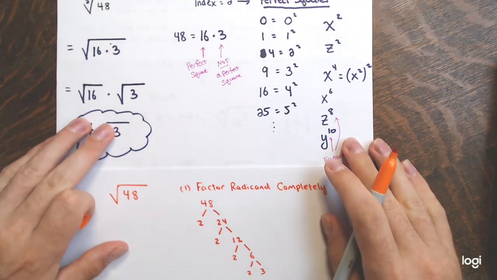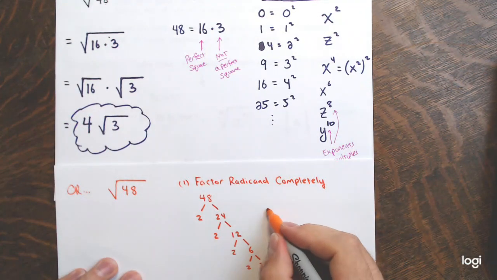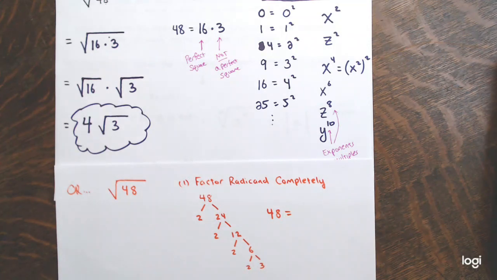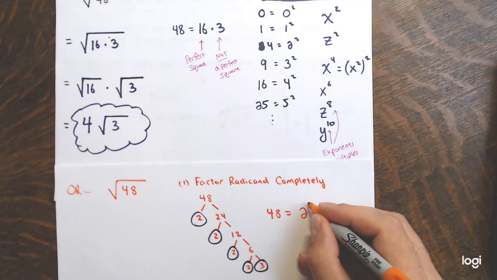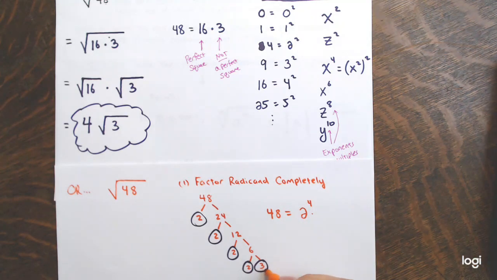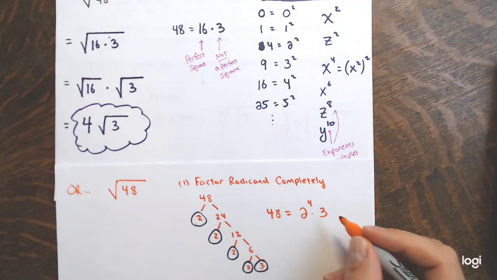And so when you factor 48 completely, taking it down to all primes, there's 2, 2, 2, 2, and 3. 48 is 2 times 2 times 2 times 2 times 3. Another way to write that would be 2 to the 4th power times the only other prime, 3.